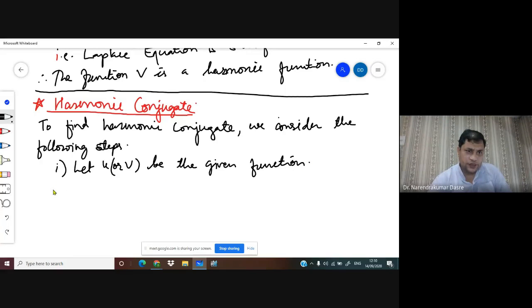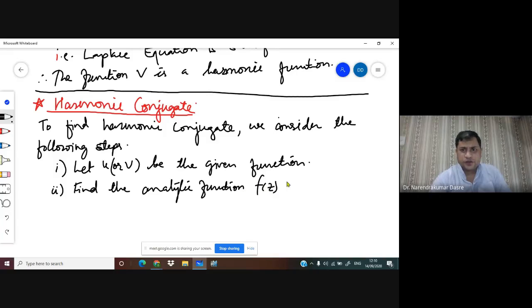Second step is to find the analytic function f of z equal to u plus iv using the Milne-Thompson method.